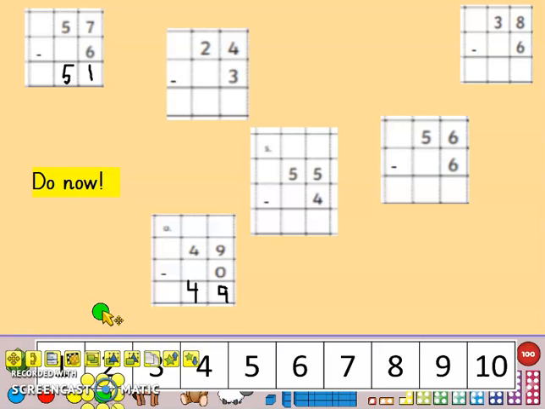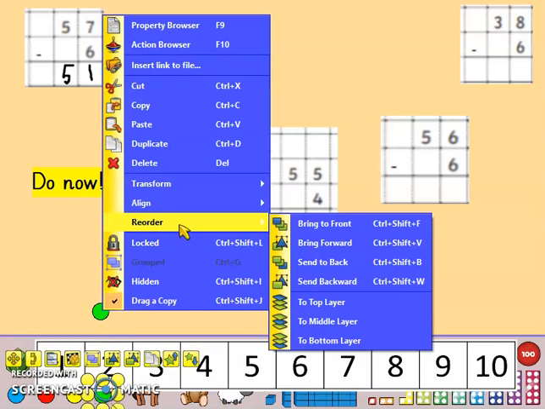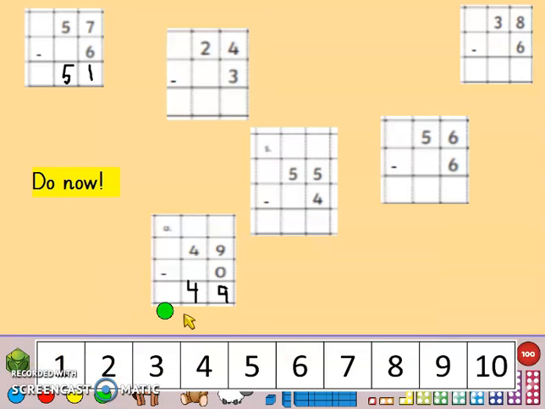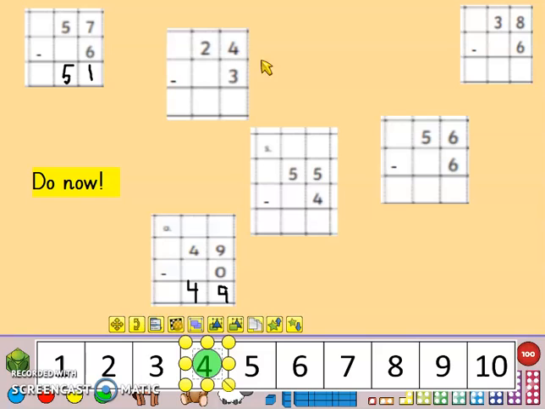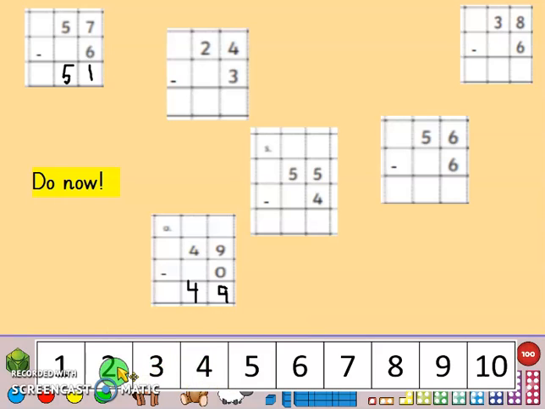I might get a counter this time. 4, count back 3. 4, take away 3, put up 4 fingers, put down 3, 1, 2, 3. And the 2, does it change? No, because there's nothing here in its column.